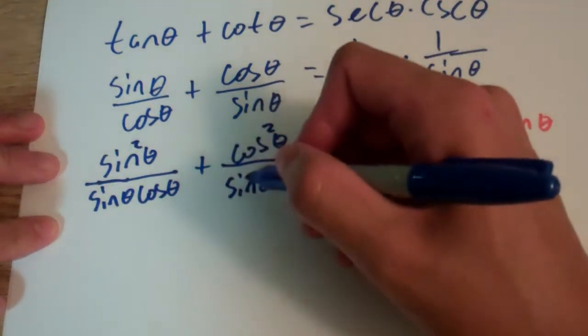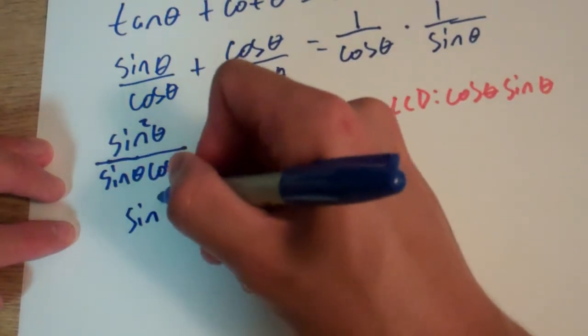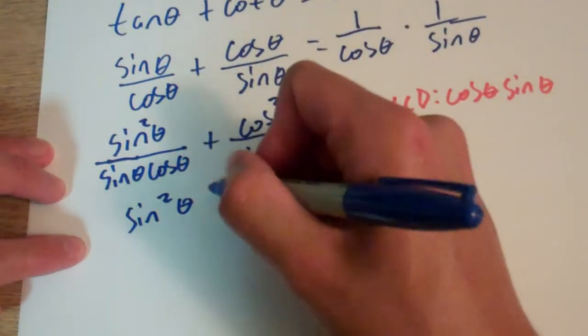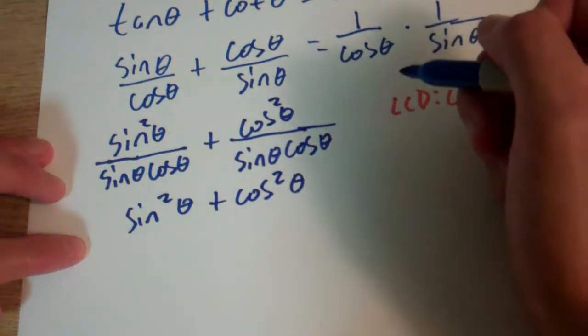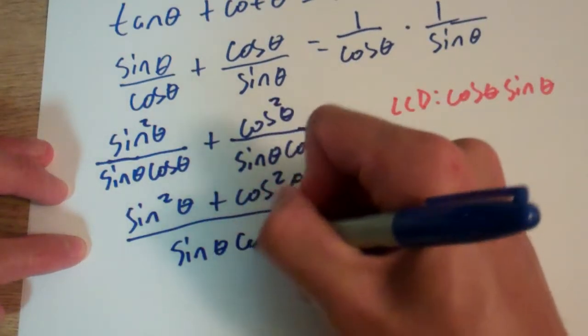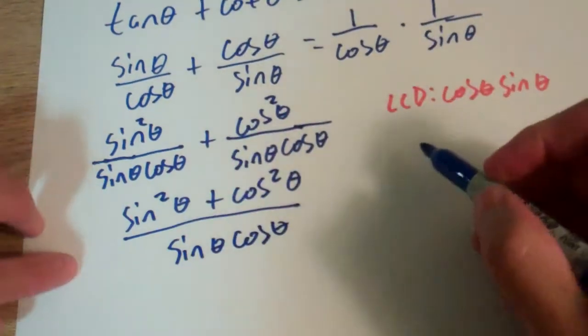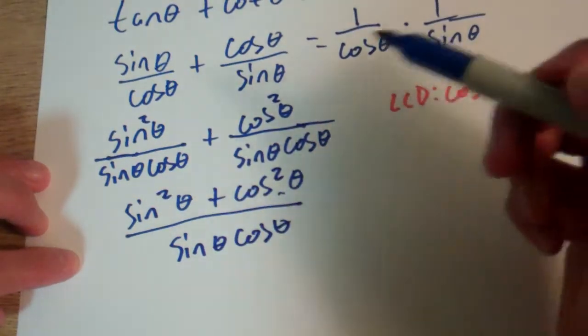And I can just rewrite this under one denominator, right? So let's write it sine squared theta plus cosine squared theta, which is over sine theta cosine theta. Well, here, this is actually an identity, right? Sine squared theta plus cosine squared theta is equal to 1.